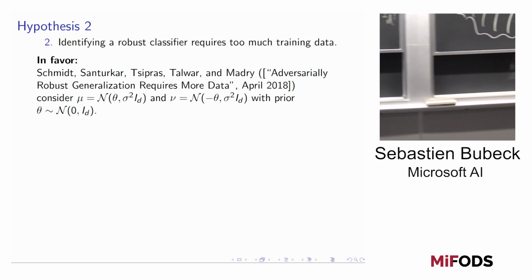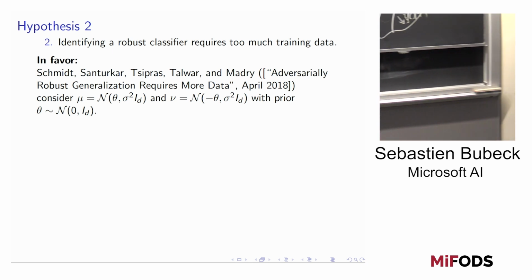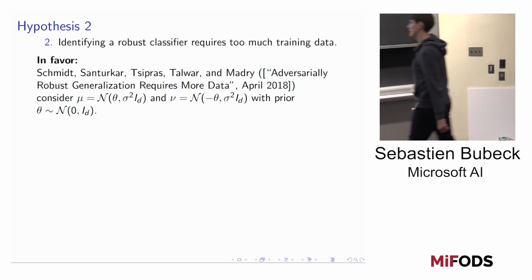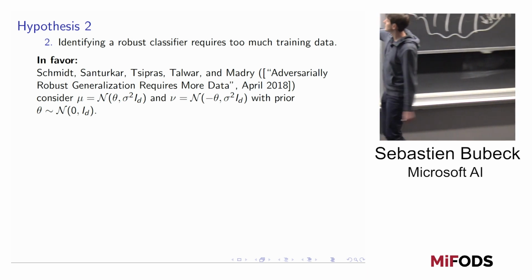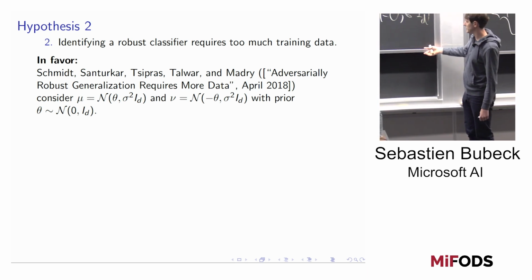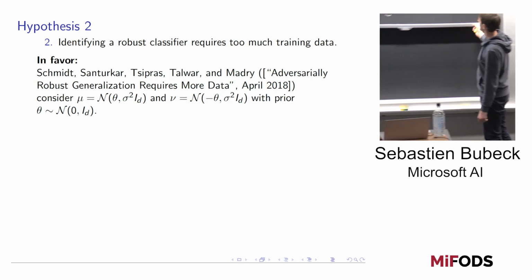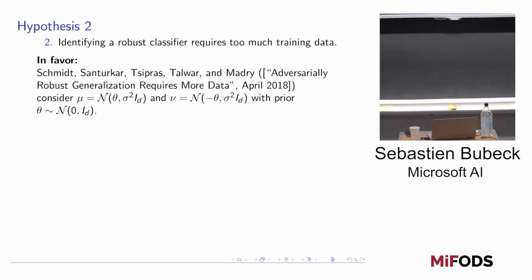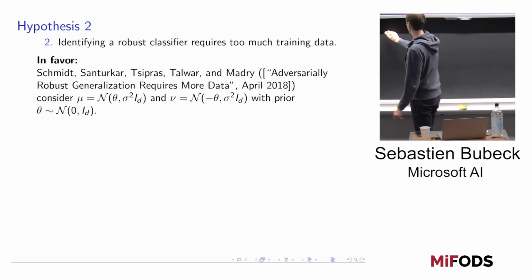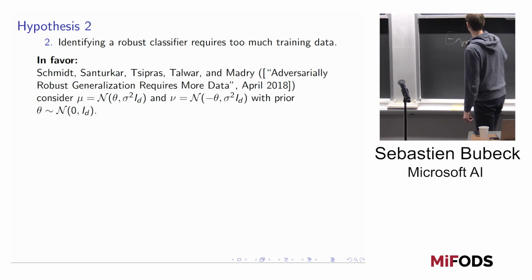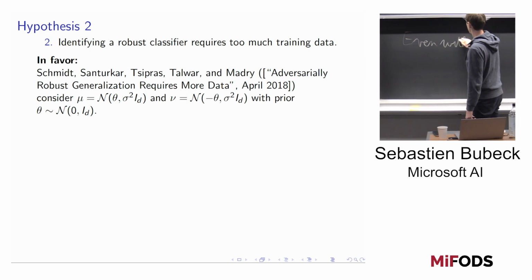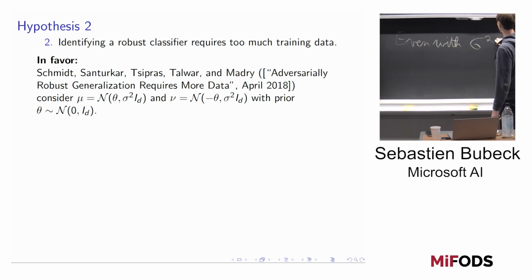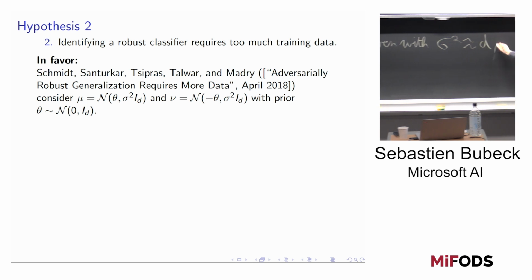OK, very good. So first, let's just think for a minute what kind of sigma we can allow to have something non-trivial. Maybe it's not totally obvious, but even with sigma squared of order d, you can distinguish.